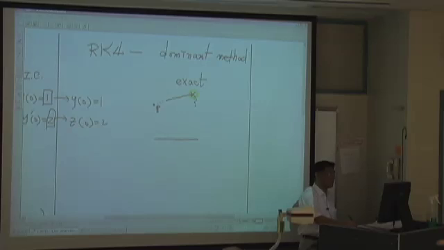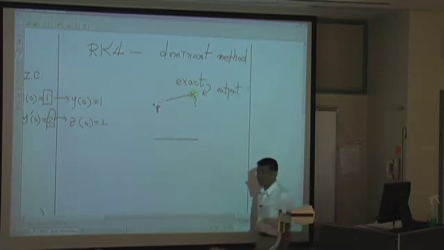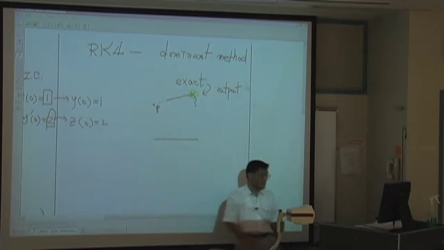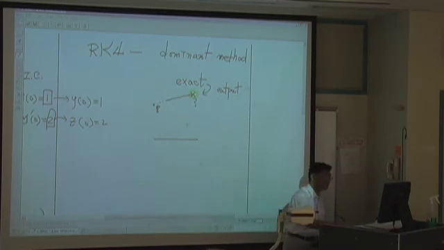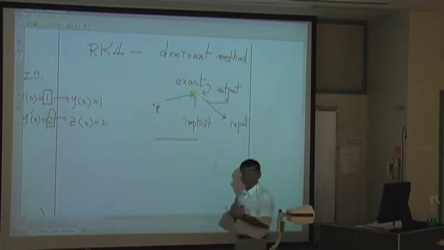In the exact method, this one is output. It cannot be an input. But in the implicit method, this itself can be both input and output, right?